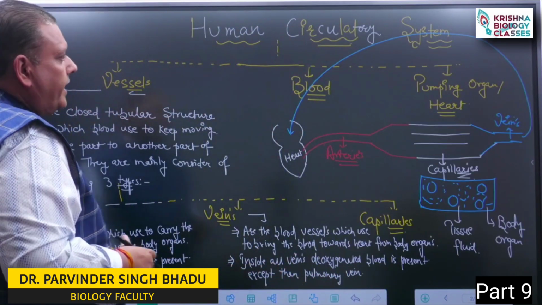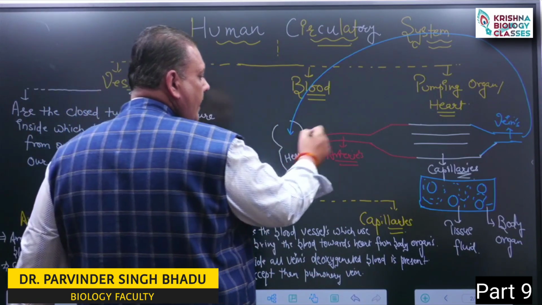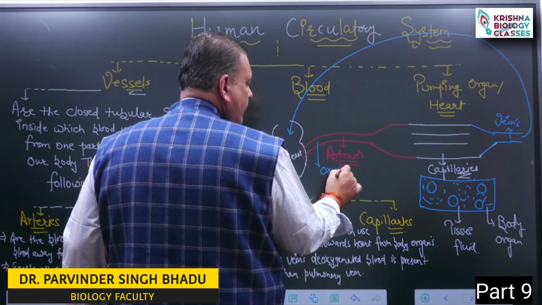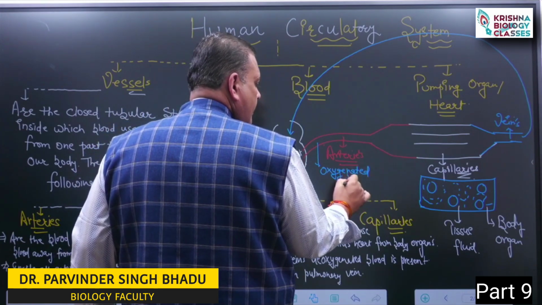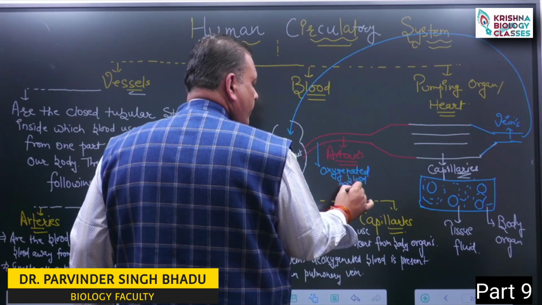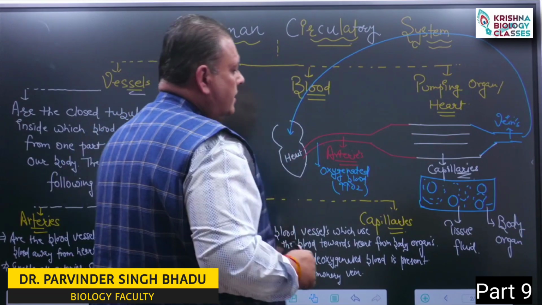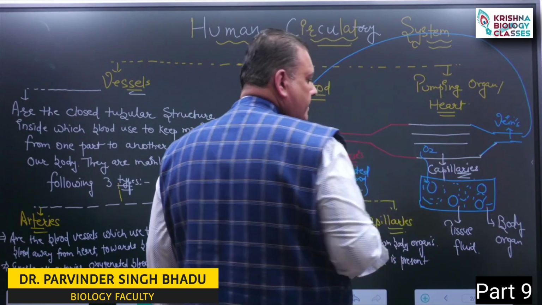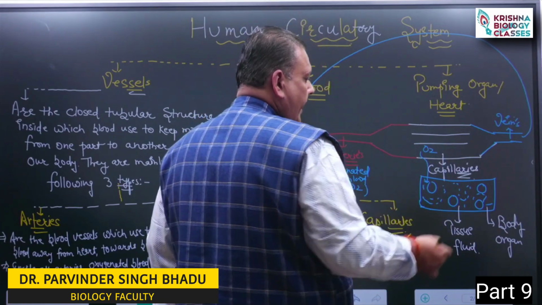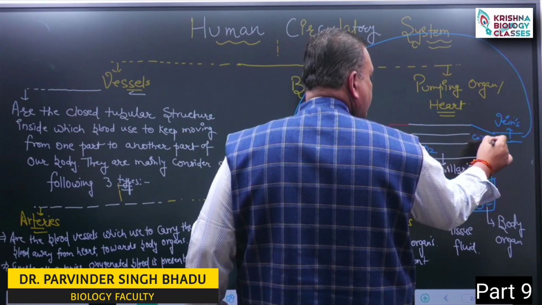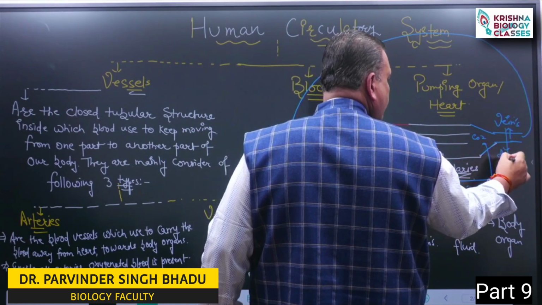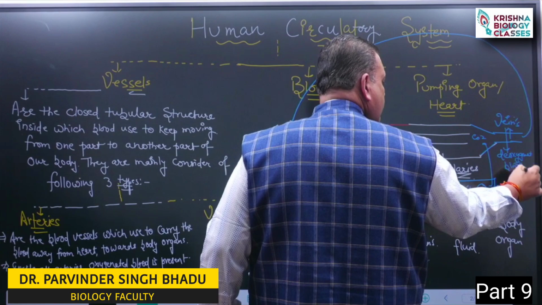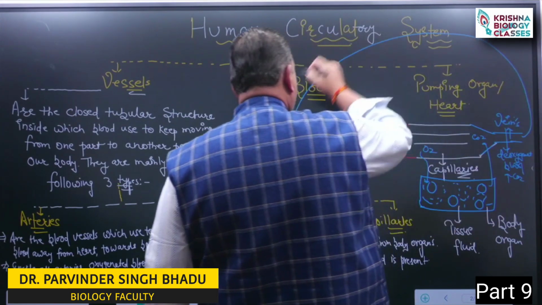Now, over here diagrammatically we have represented that from the heart, useful substances, mainly oxygenated blood, which contains more oxygen, move towards body organs through the vessels to the tissue fluid. And waste products like CO2, the deoxygenated blood with more CO2, move towards the heart.